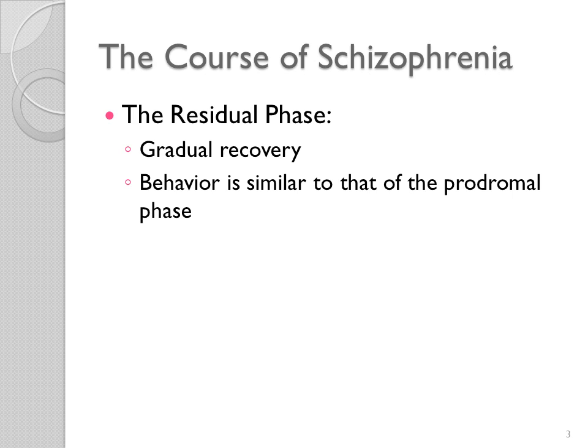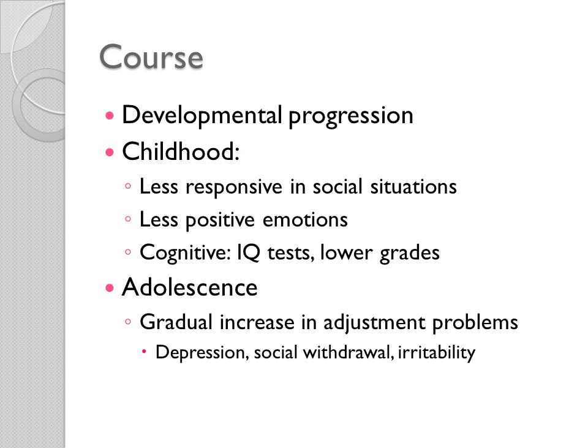Some patients can actually return to their normal level of functioning, so functioning at a higher level than previous to the prodromal phase. A more typical pattern is increasingly impaired functioning between episodes of residual phases. So basically the idea here is that individuals with schizophrenia tend to get worse as they grow older.